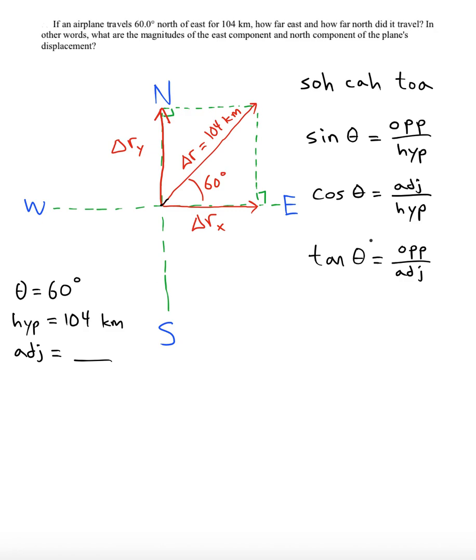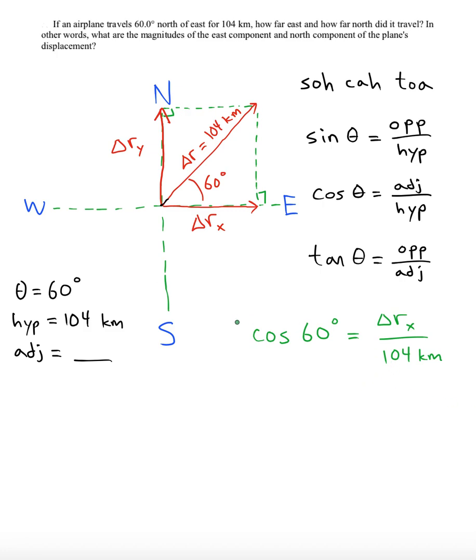For this one, I'm going to use the cosine theta formula. So let's do cosine 60 equals the adjacent, which is going to be delta Rx, over the hypotenuse, which is 104 kilometers.